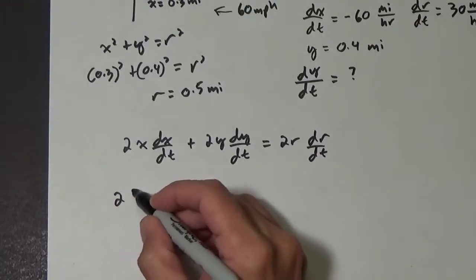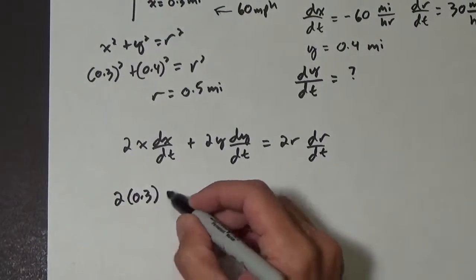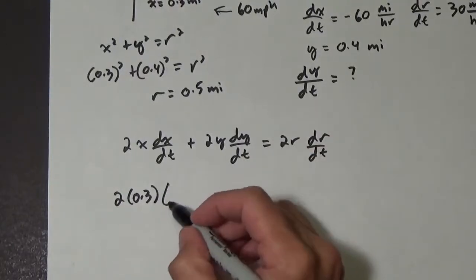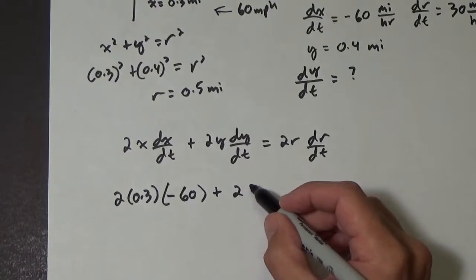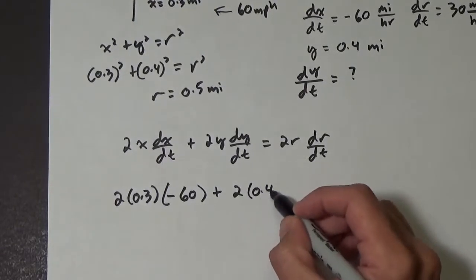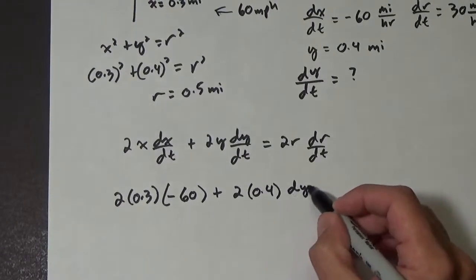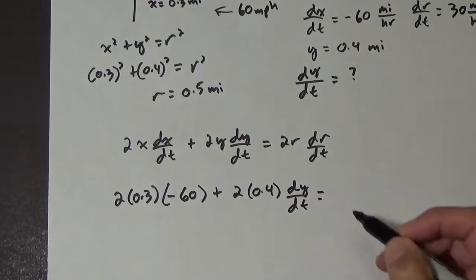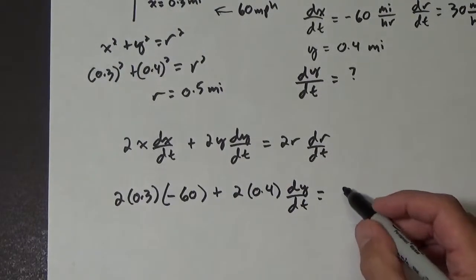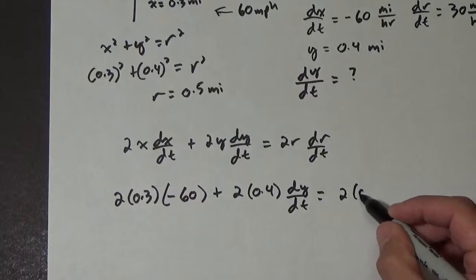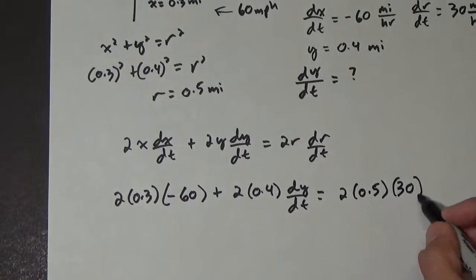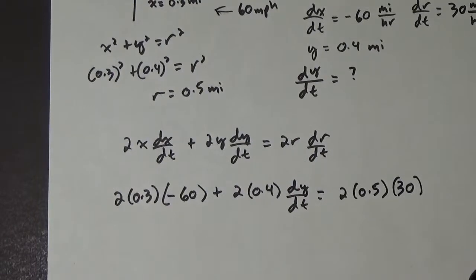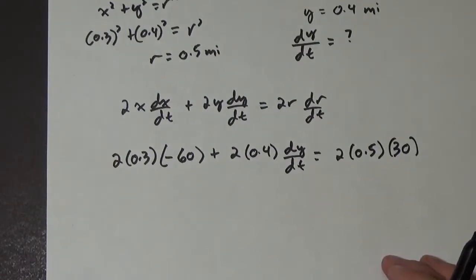We have 2 times 0.3, and then dx/dt is negative 60. We have 2 times y, which is 0.4, and then dy/dt, that's what we're looking for. And then there is 2 times r, which is 0.5, and dr/dt is 30.